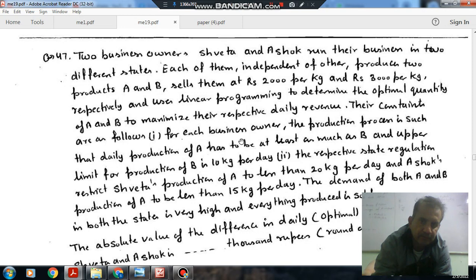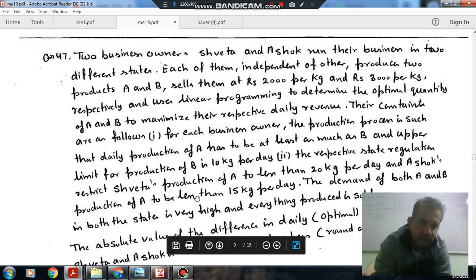For each business owner, the daily production of A has to be at least as much as B, and the upper limit of the production of B is 10 kg per day. Second, the respective state regulation restricts Shweta's production of A to be less than 20 and Ashok's production of A to be less than 15.